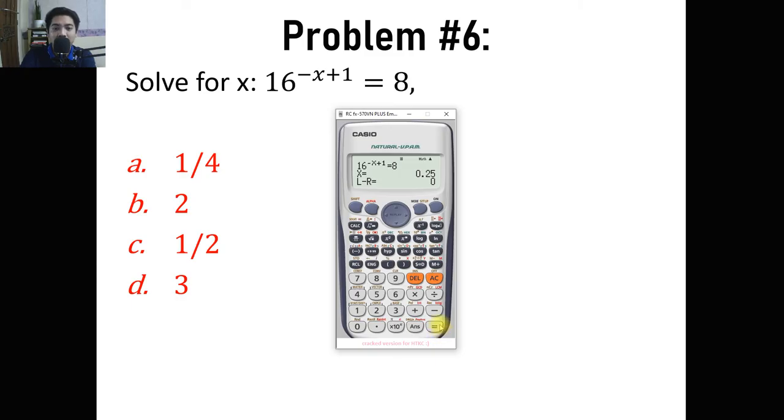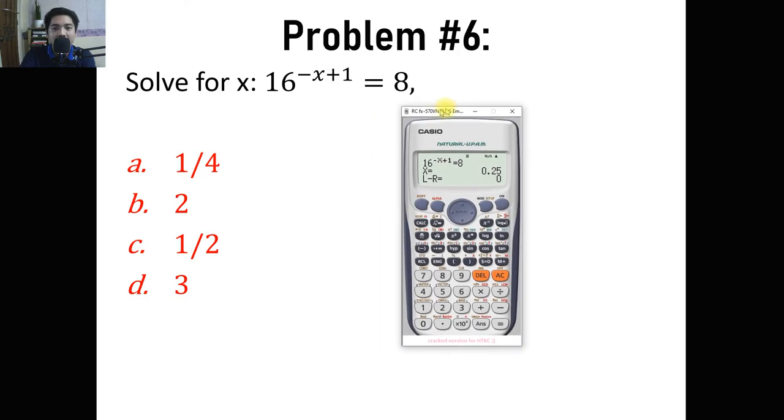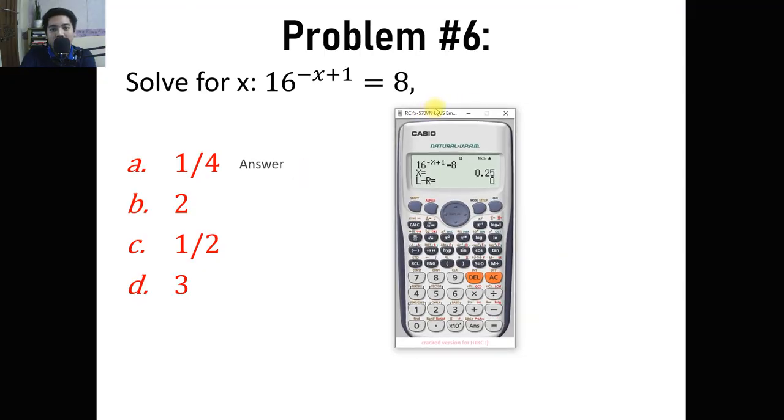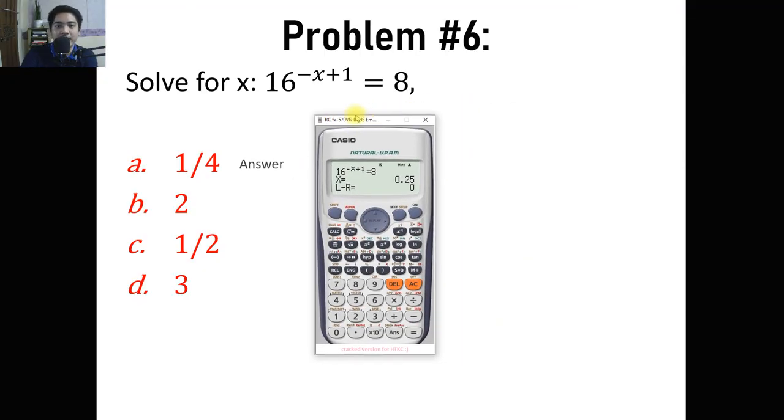To be sure, solve another value of x, let's say 2, which is not far from 0.25. That is still 0.25. 0.5 for 1/2, the answer is still 1/4 or 0.25. Let's try 3. It's still 0.25. So the answer here in fraction is 1/4. It's very easy.